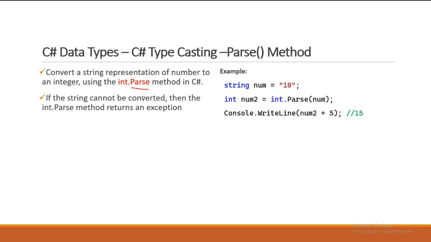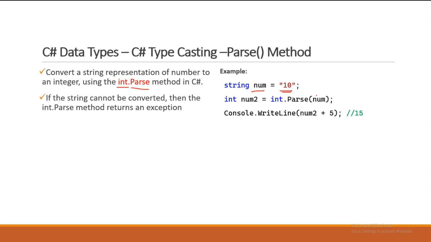Another way of converting, of typecasting, is the Parse method. It's int.Parse or double.Parse or DateTime.Parse. It converts a string representation of a number to an integer. For example, here we have a string num with the value 10, but it is a string.